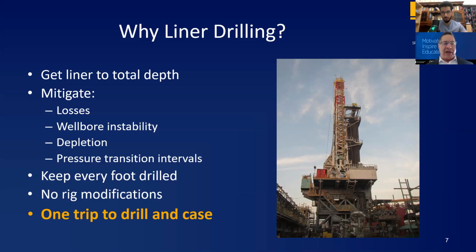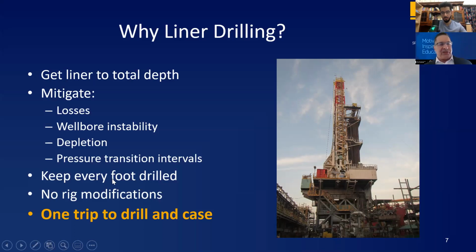Now you've got, if you will, a straw connecting through your pressured zone to your depleted zone, and you can cut back that mud weight to drill your depletion zone, say with a lower weight mud or with seawater. Versus if you did it conventionally, you'd have to back off, you'd have fishing operations, all kinds of well issues. Now you've got casing there, you've got sufficient isolation, and you're ready to go about your business.